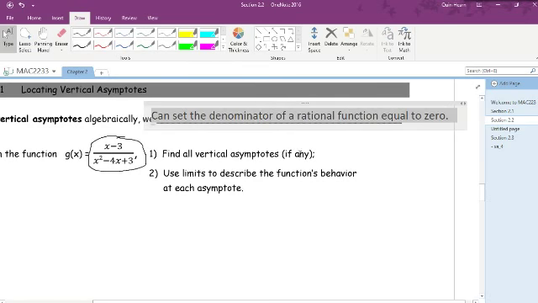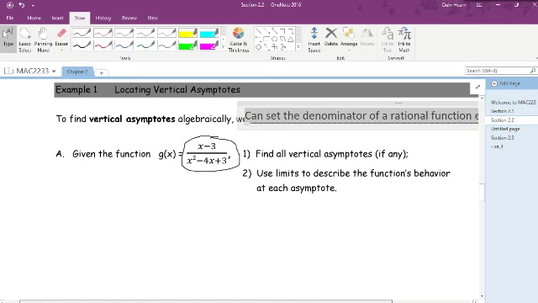All you have to do is set the denominator equal to 0 and solve for x. Okay?